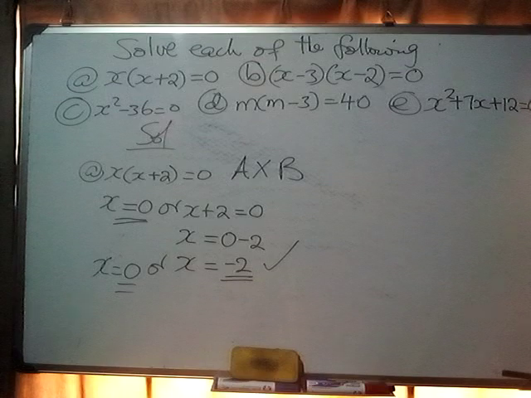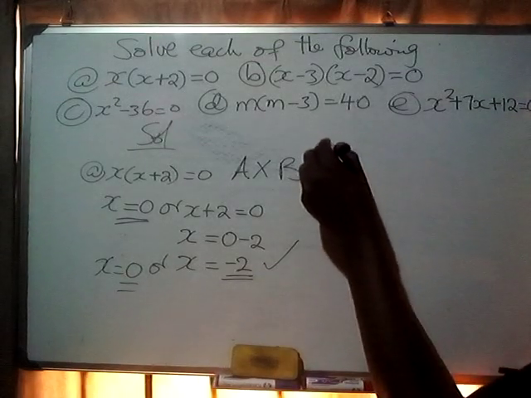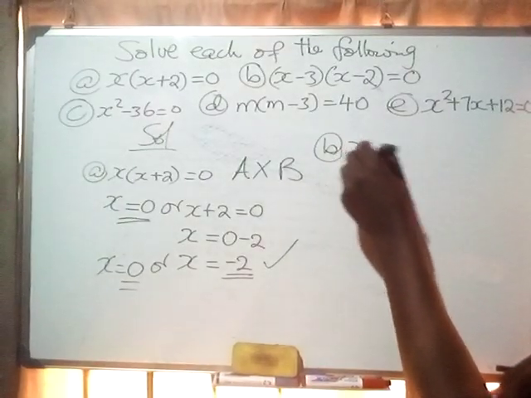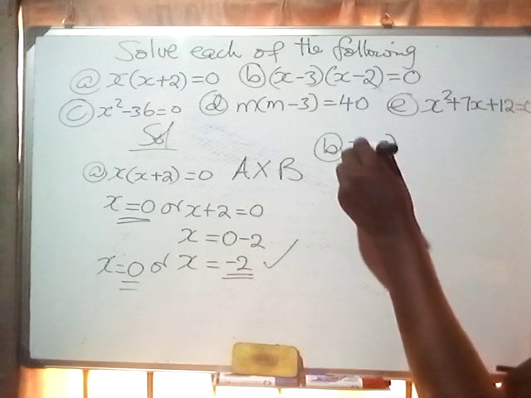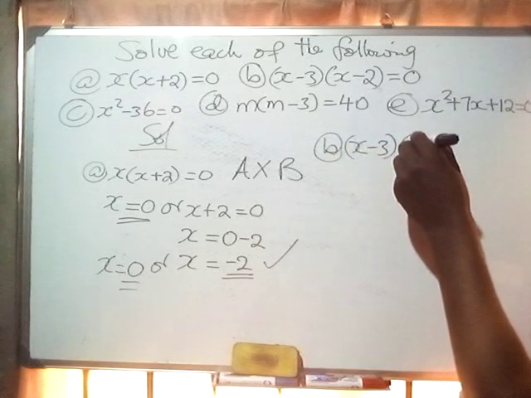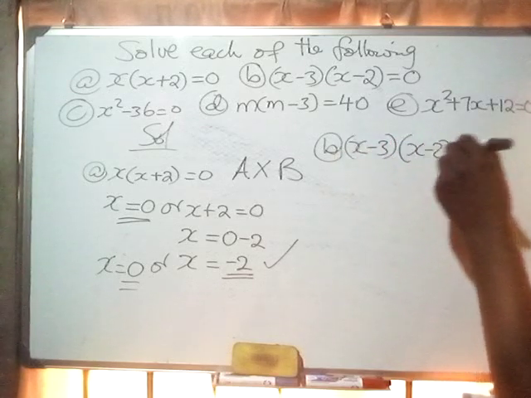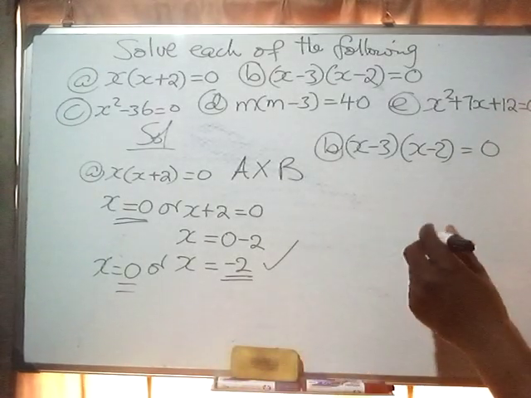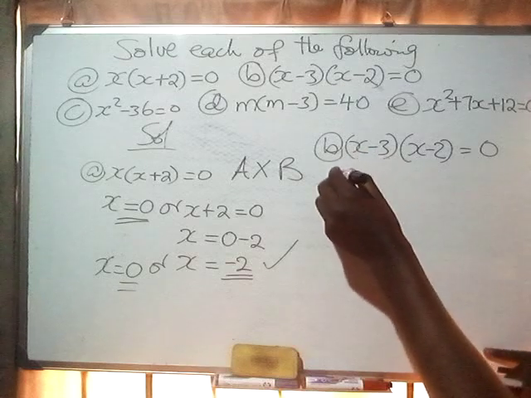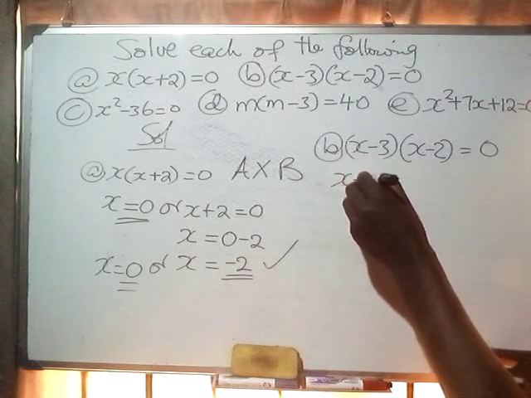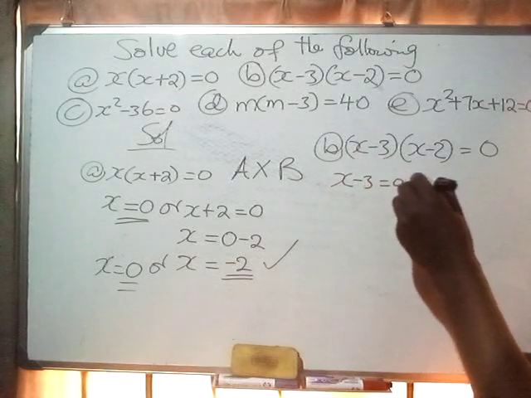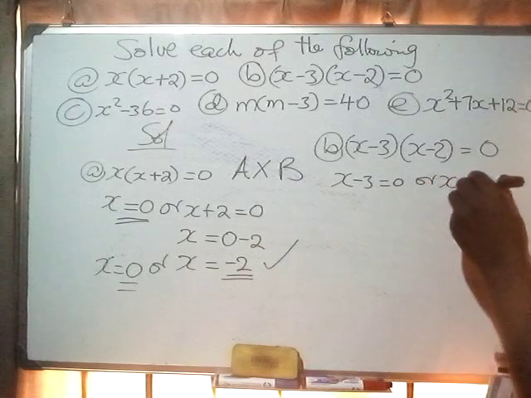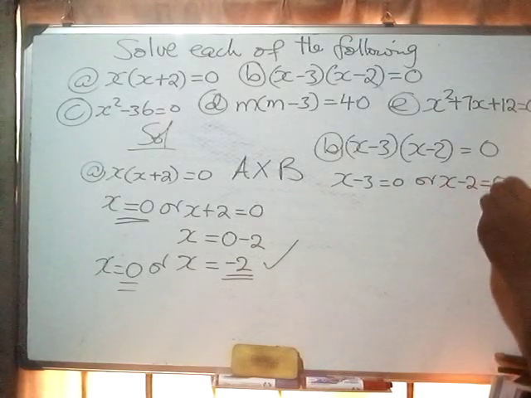Let us try to work out question B. Question B is (x - 3)(x - 2) = 0. As long as it is equal to 0, we equate by saying x - 3 = 0, or x - 2 = 0.